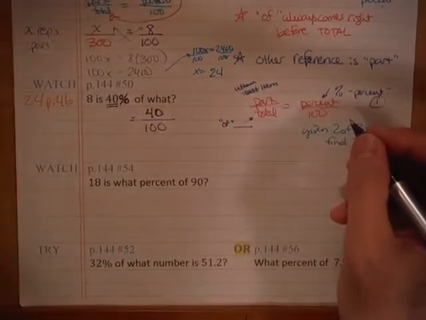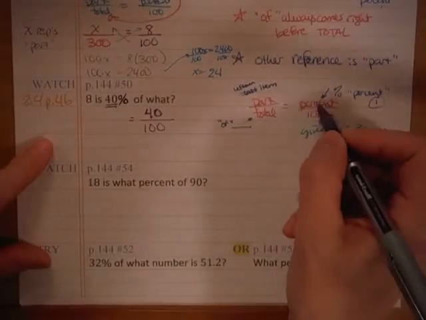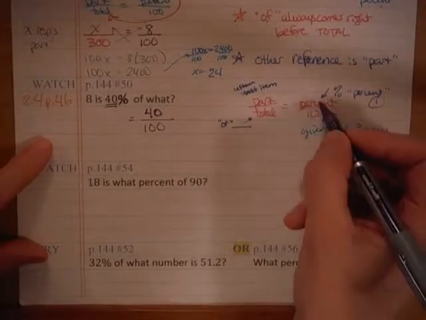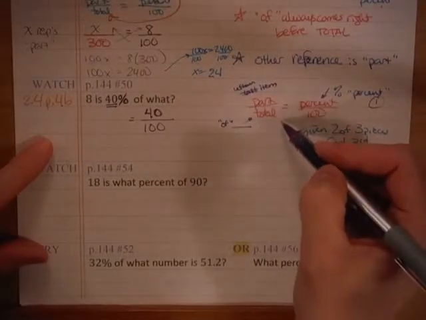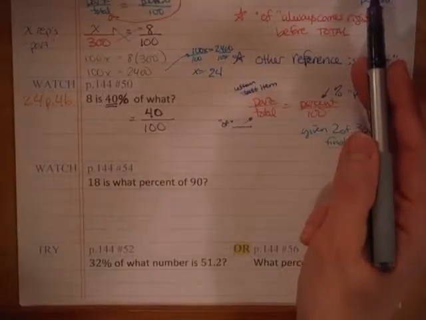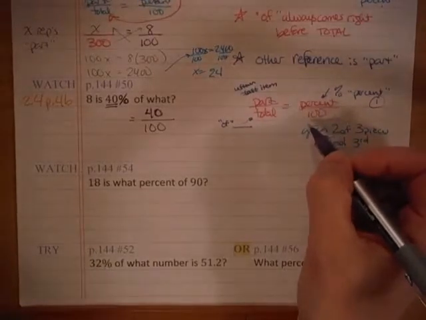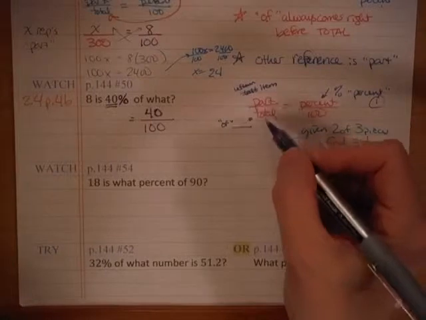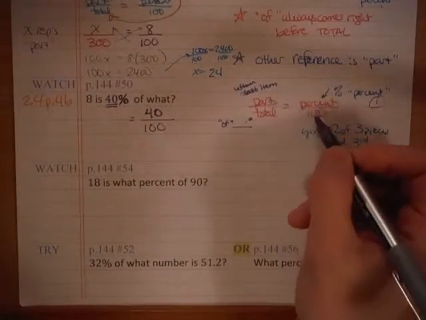Not sure if I've mentioned this yet in Math 60, but when you're trying to memorize a formula, and this will be one of our first examples, part over total equals percent over 100, or if you're doing it the book way, A equals P times B, that's at the top of the page here, the notes you're looking at, highlighted in yellow. When you're trying to memorize a formula so that you have it ready to use on a test, every time you use it, say it, write it, you'll see it and hear it at the same time.